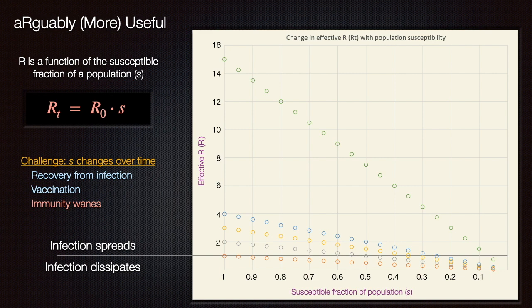This can happen even if a pathogen does not change or a new strain of a pathogen does not emerge. Immunity is known to wane in particular cases. In addition, something we don't think too much about on a daily basis, but somewhere around 4 million babies are born in the United States alone every year. Most of those babies arrive susceptible to many of the pathogens that are currently circulating.